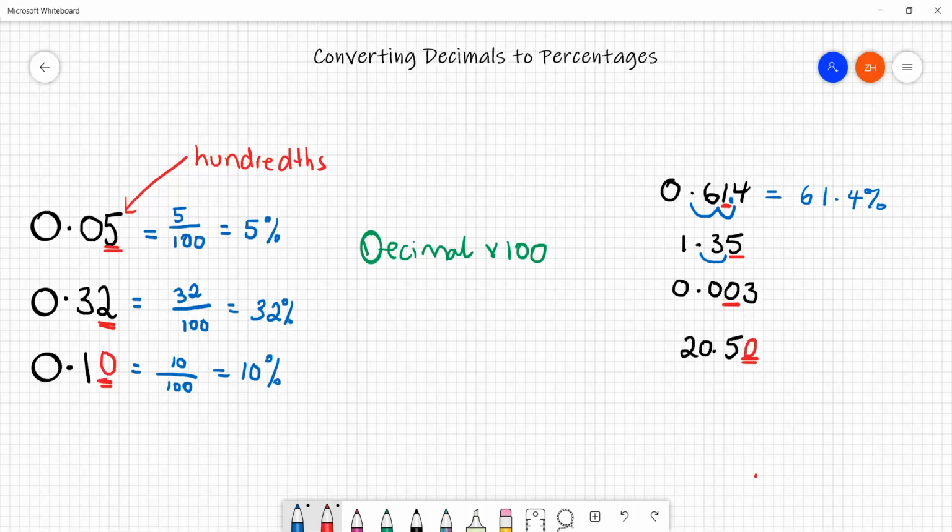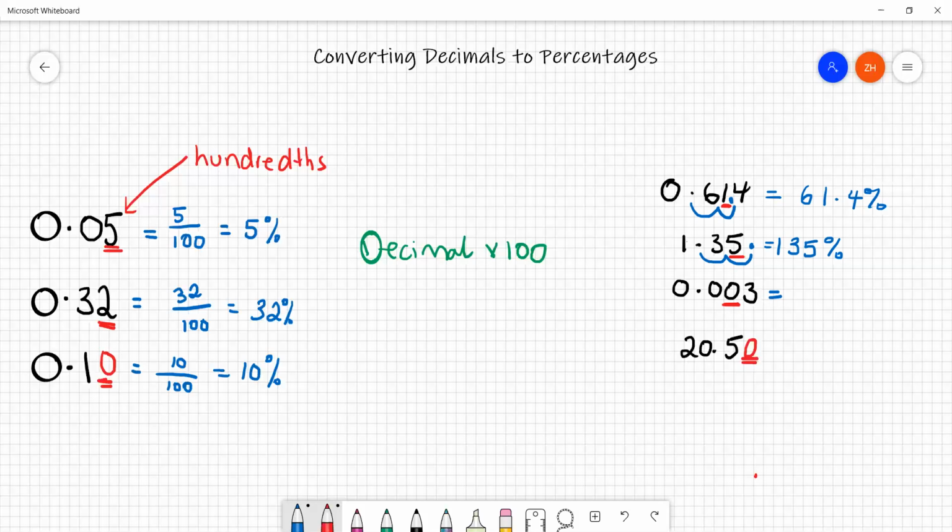This one here, moving the decimal place 2 places to the right, gives us 135%. Because we had more than a whole with 1.35, 1 whole and 0.35, that's why we have a percentage that is more than 100%, because 100% would be 1 whole. So that's how we can check that we've got a percentage that makes a little bit of sense.